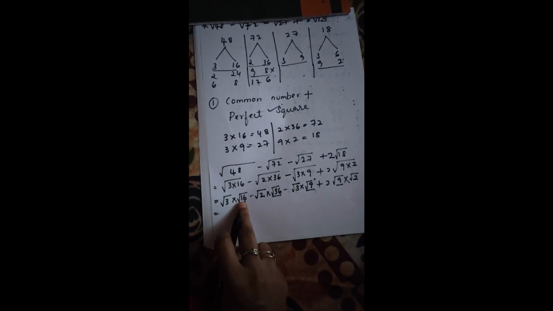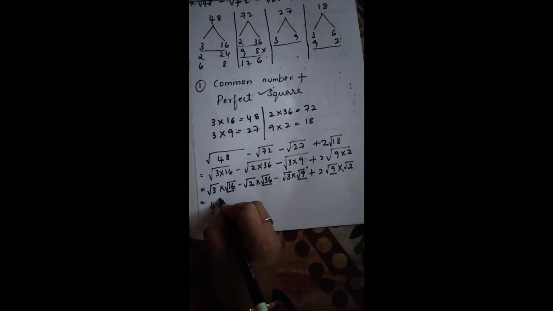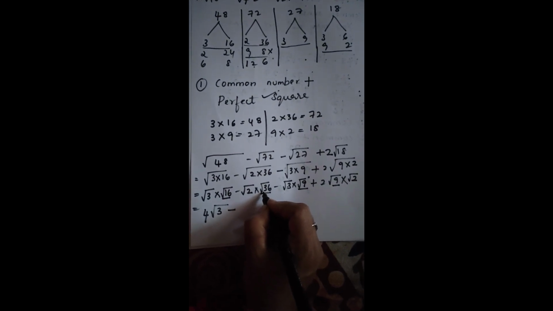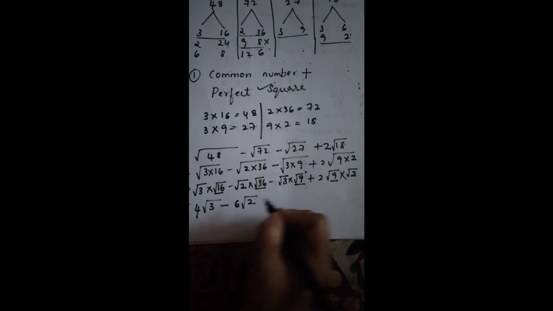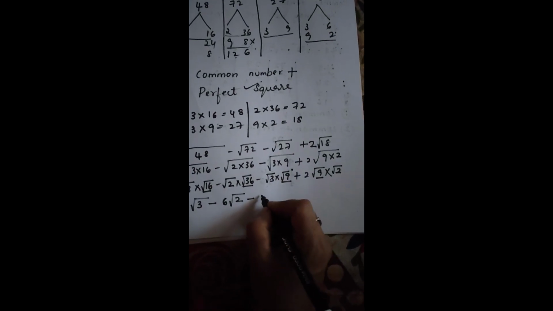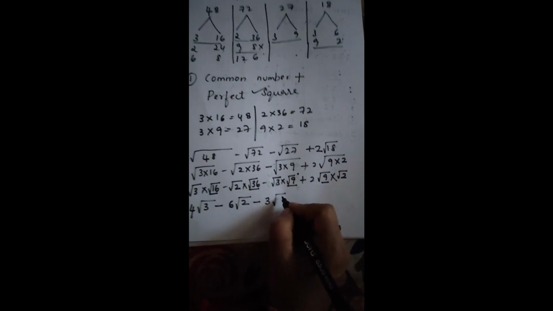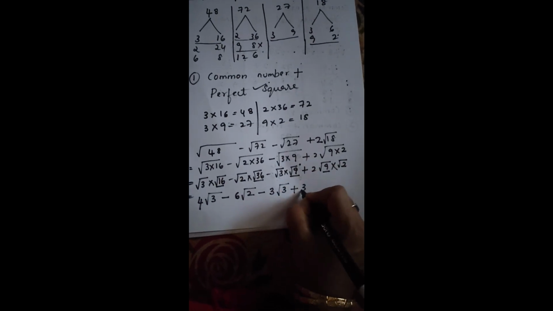What is the value of root 16? It is 4. Take it out and write root 3 as it is. Minus, what is the value of root 36? 6. Take it out and write root 2 as it is. Next, square root of 9 is 3, root 3. Plus again root 9, 3.